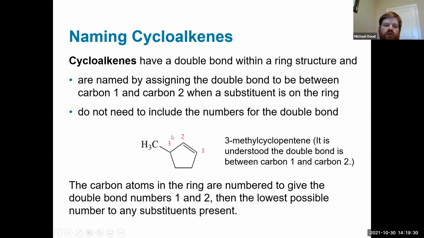So 1, 2, 3, that gives us a methyl group on the 3rd carbon of the cyclopentene. So this is a cyclopentene ring because we have 5 carbons in a ring, and they've got a double bond. Then the numbering has to go, these 2 have to be 1 and 2. So 1, 2, 3, there's a methyl group on the 3rd carbon. So it becomes 3-methylcyclopentene.